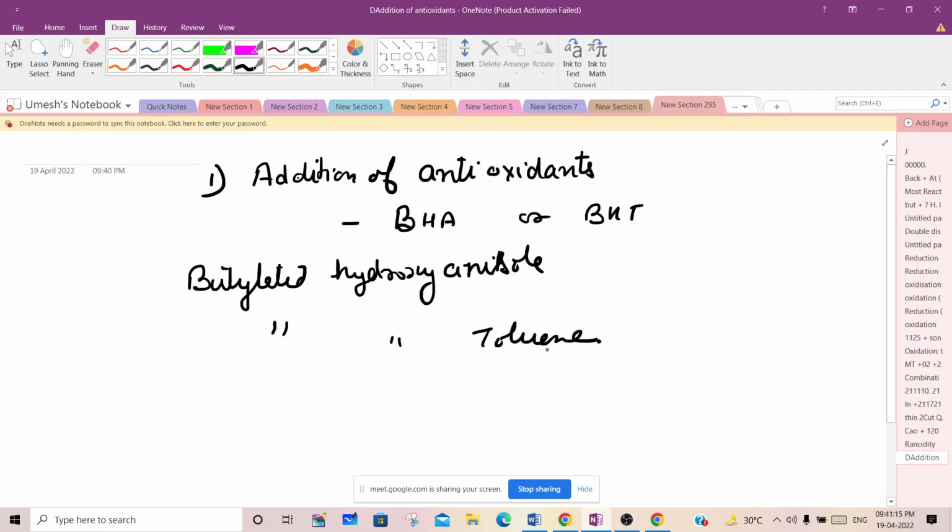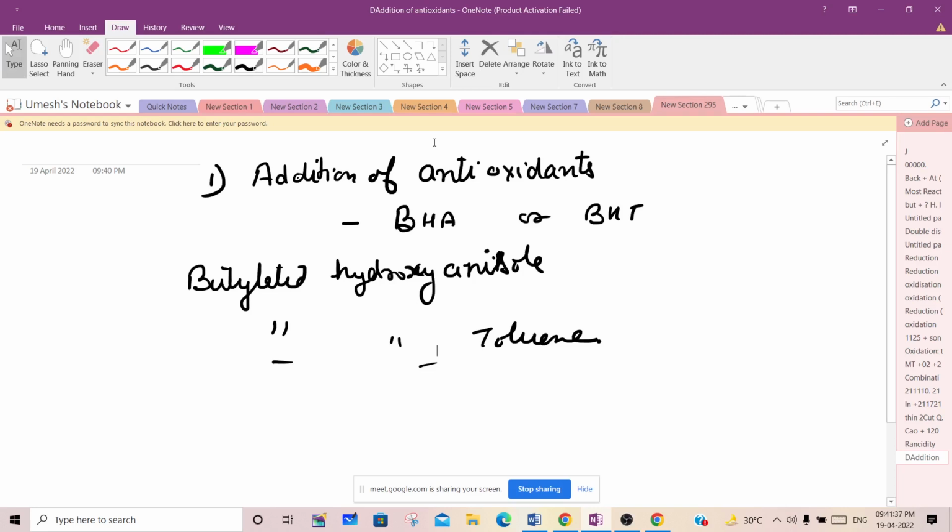These are the antioxidants which are mixed with the food material to keep it safe. So, butylated hydroxyanisole or butylated hydroxytoluene. So do we need to learn that name? Yeah.